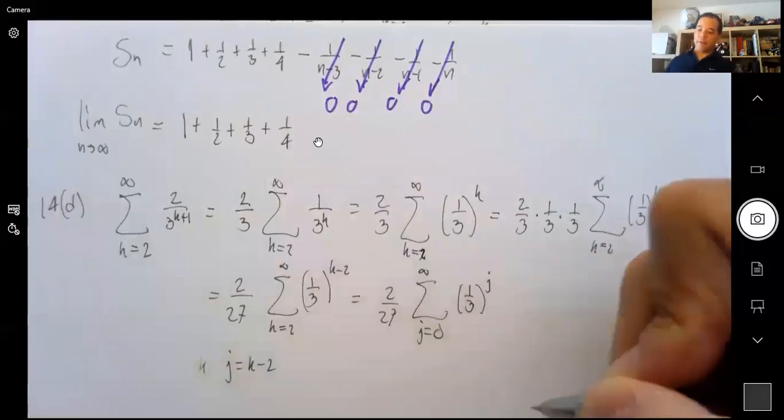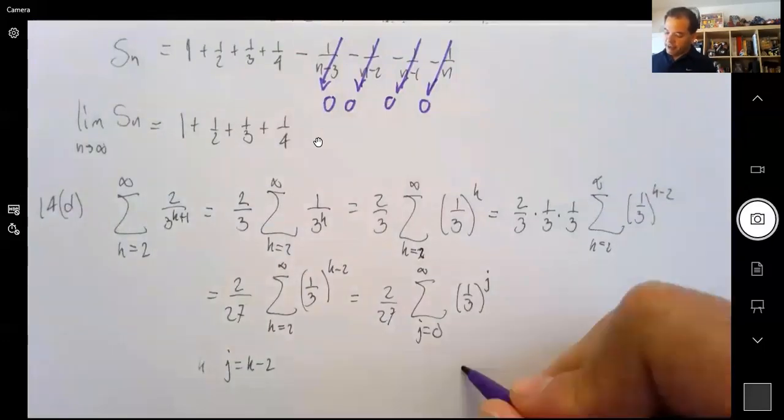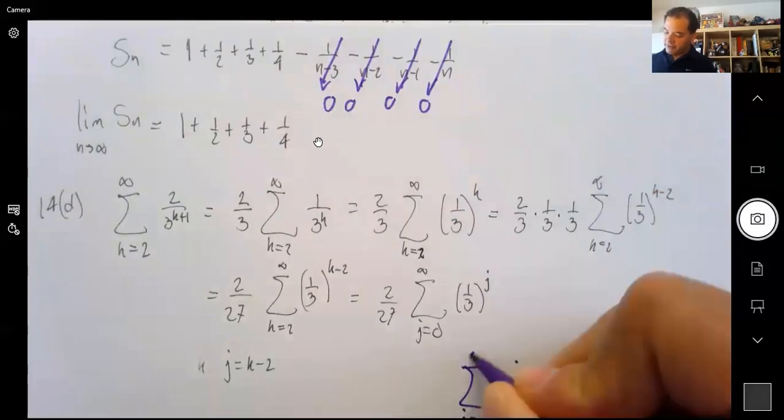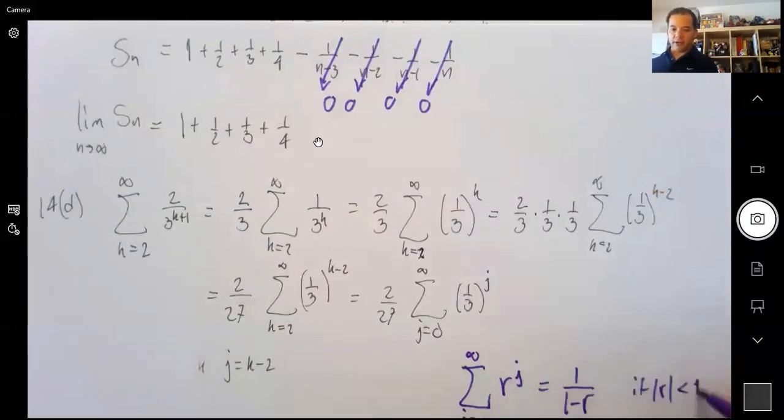And that's perfect because now we can use the formula, right? What is the formula? The formula is that the sum of r to the j from 0 to infinity is 1/(1 minus r) if r is between -1 and 1. So 1/3 counts. 1/3 is between -1 and 1.